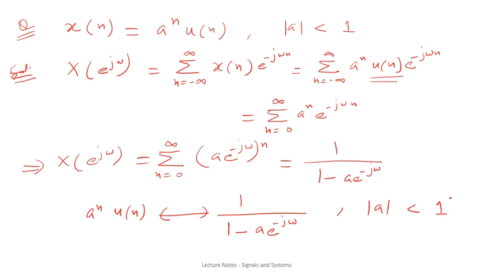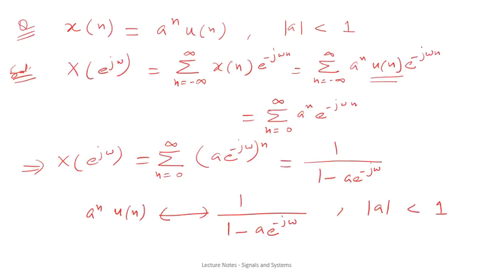Okay, now if you also have to plot the magnitude and phase spectrum for it, how will you proceed? Let's see. First you have to multiply the numerator and denominator of the obtained expression for the Fourier transform by the complex conjugate of the denominator.